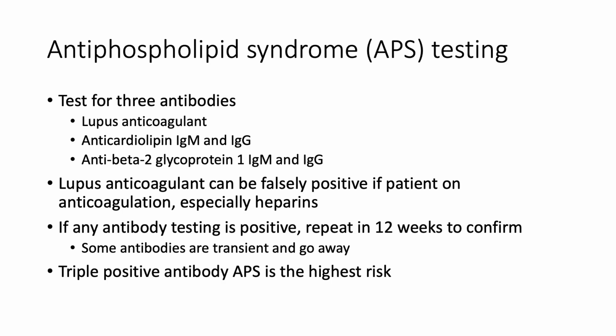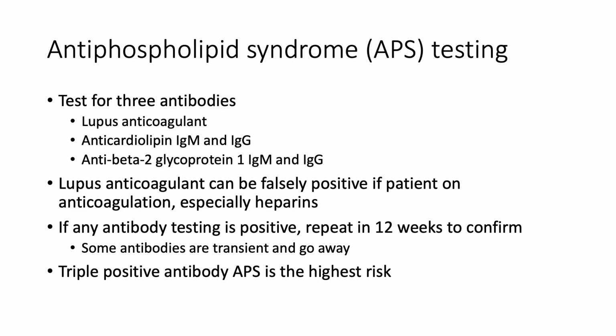When you test people for APS, you're going to test for 3 different antibodies: the lupus anticoagulant, anticardiolipin, and beta 2 glycoprotein 1, IgM and IgG. You got to test for all 3. Now, the lupus anticoagulant can be falsely positive if the patient has been receiving anticoagulation like heparin. So ideally, you would pause that to test, which you don't want to do in those first 3 months after diagnosis.